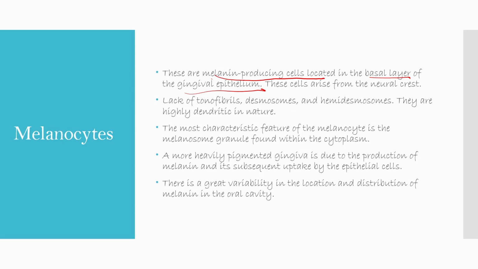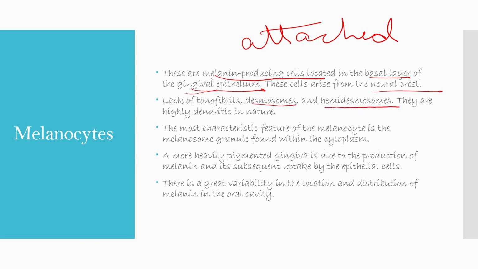In the gingival epithelium, they are mainly in the attached gingiva. These cells arise from the neural crest and lack tonofibrils, desmosomes and hemidesmosomes. They are highly dendritic in nature. The most characteristic feature of the melanocyte is the melanosome granules, which cannot be found in the Langerhans cells, found within the cytoplasm.